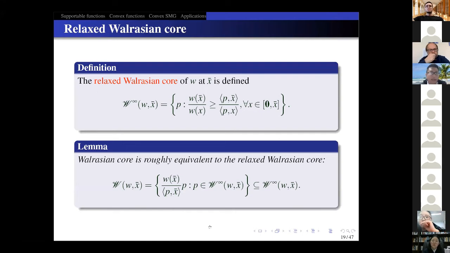I also define the relaxed variance core. This can be viewed as some kind of normalized set of price vectors, and technically this relaxed variance core may be much easier to analyze, and also in some sense it is equivalent to the variance core.